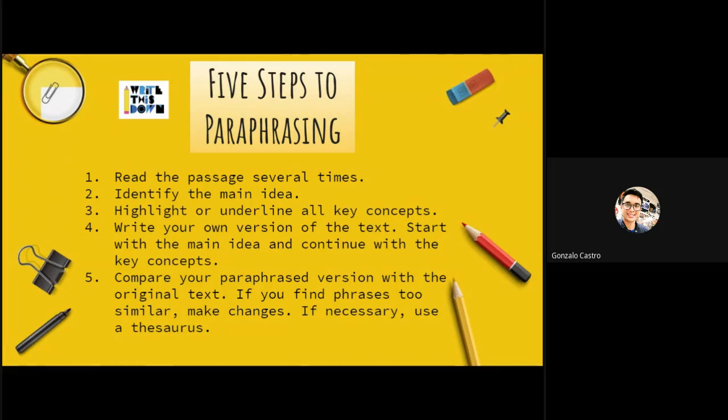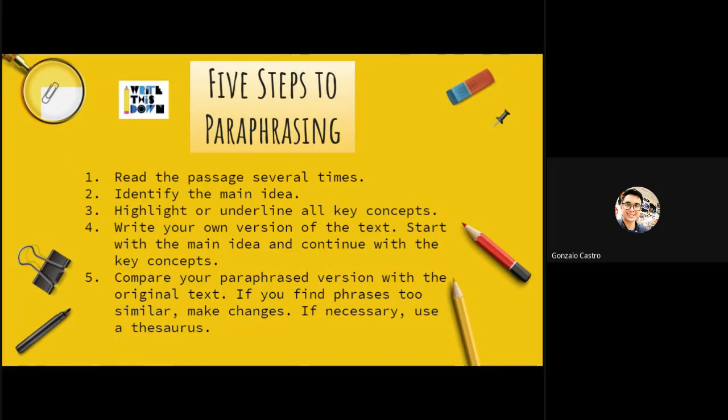Step 3 is to highlight or underline all key concepts, meaning all important details. So after you identify the main idea of a paragraph or section, you want to highlight or underline all the key concepts for that section. After accomplishing step 3, you want to start writing your own version of the text.